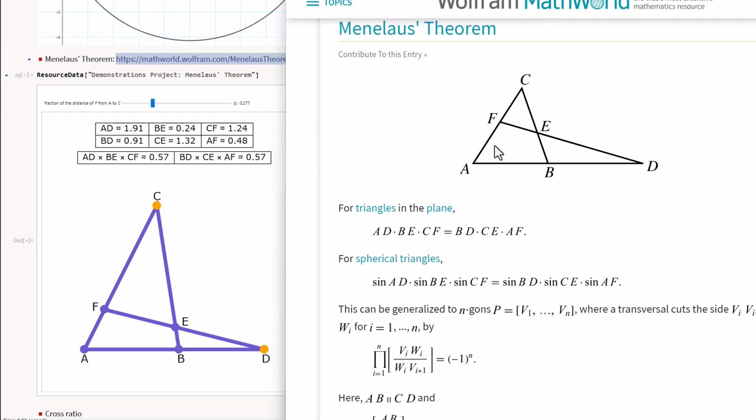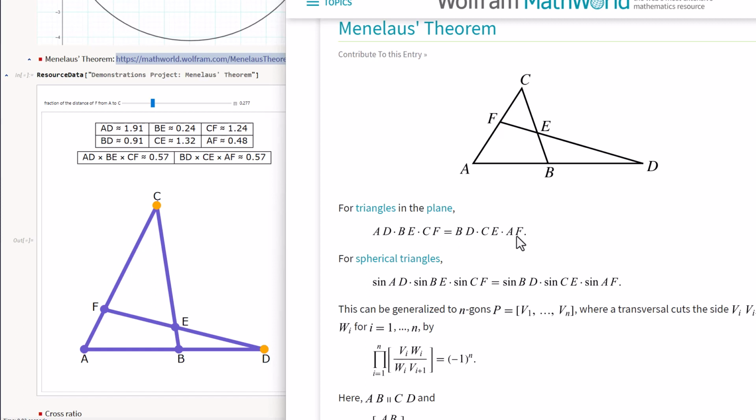So if I have a reference triangle ABC, it's intercepted by line DEF, and E is on BC, F is on AC. Then I have AD times BE times CF equal to BD times CE times AF.